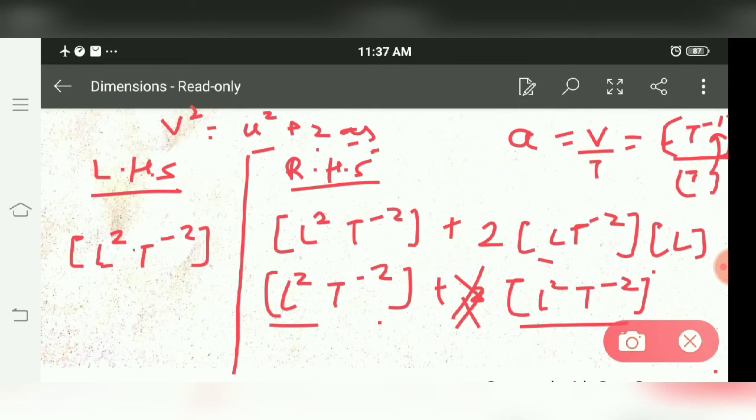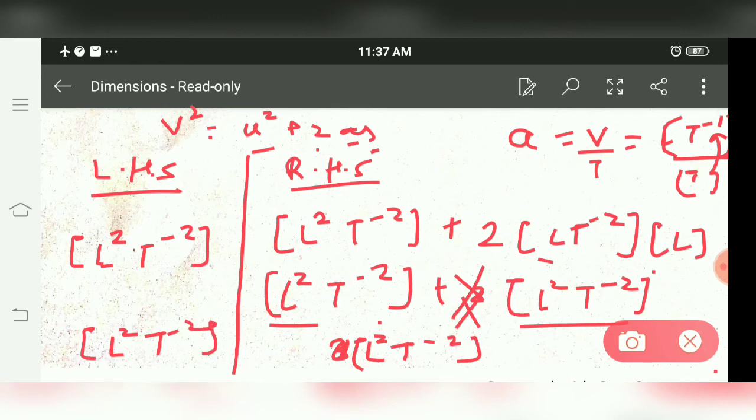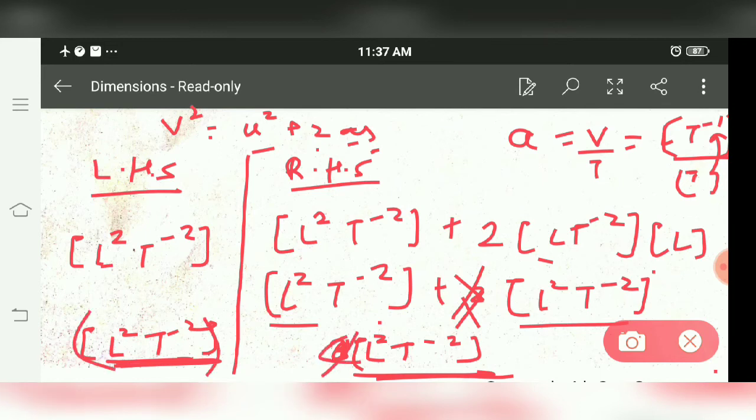If we add these up, we get 3 times this, or if we just ignore the constant, this is L square t minus 2. So the dimension is the same on both sides. We do not need to bother with the constant value, we just need to check the dimensions. As the dimension is the same on both sides, this is a dimensionally correct formula.